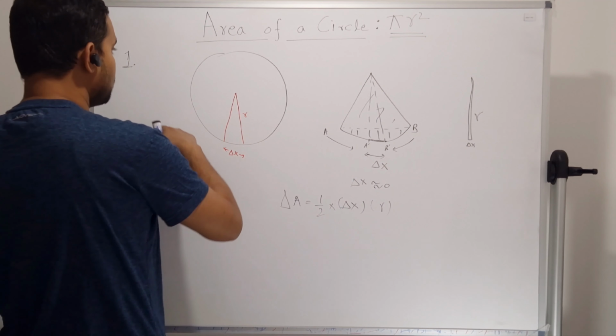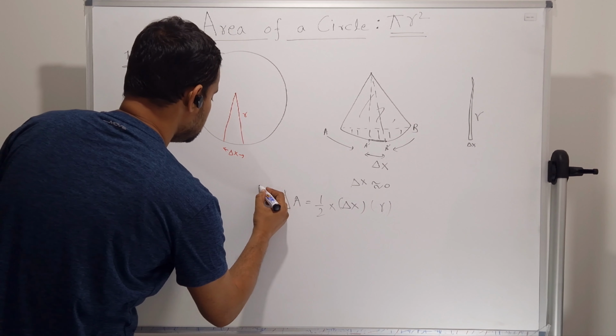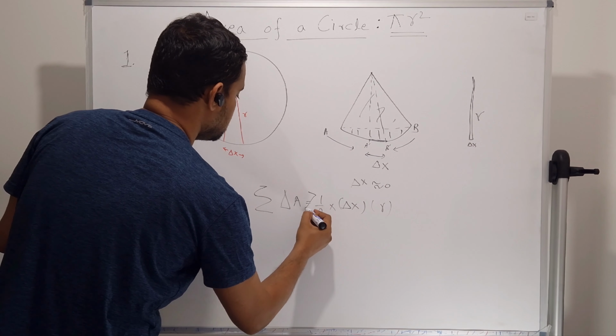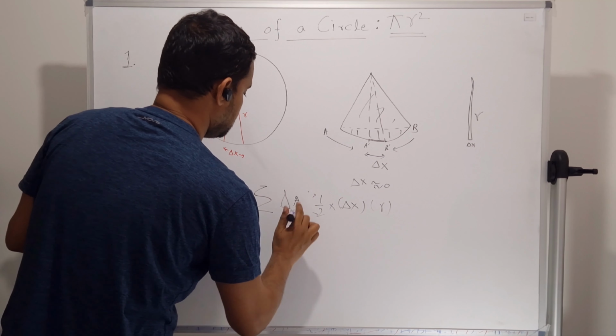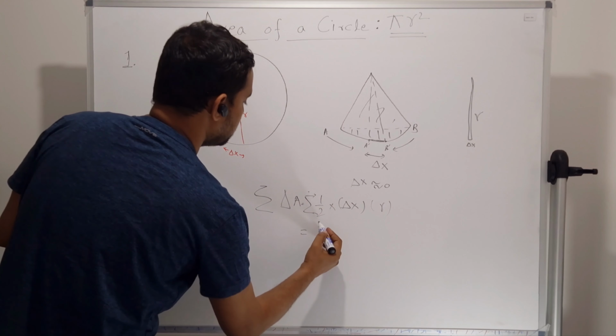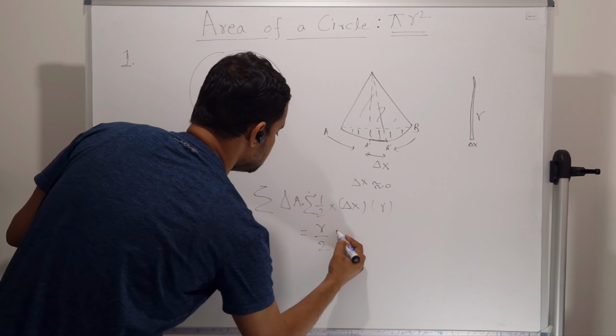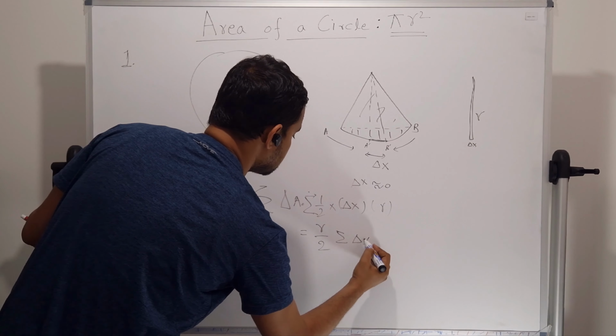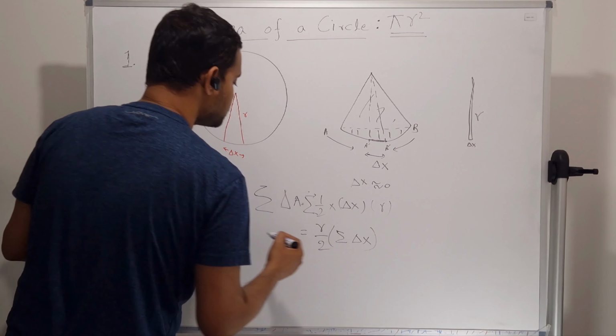If I have to find the area of the total circle, I'll sum it. So sigma delta A is equal to r by 2, which comes outside. It's a constant, r by 2 sigma delta x, right? Let's see what sigma delta x is.